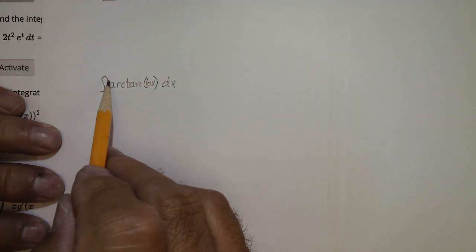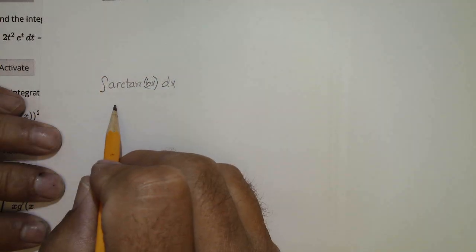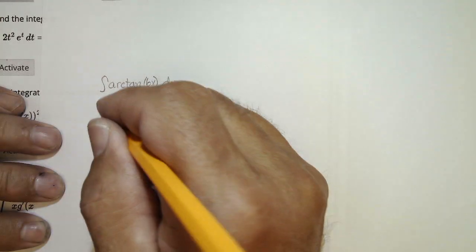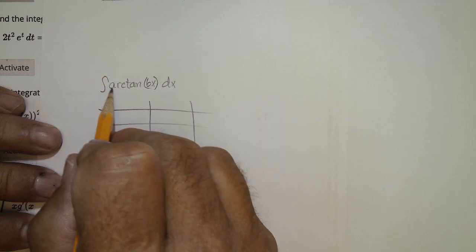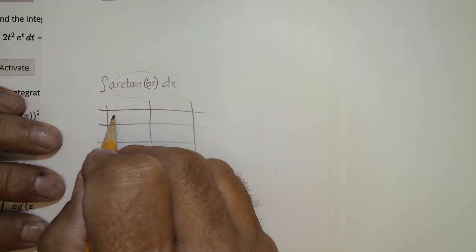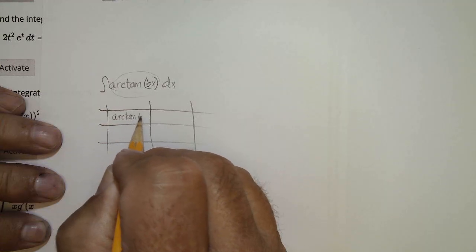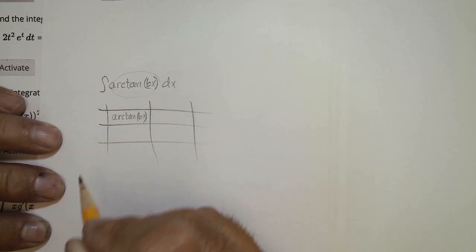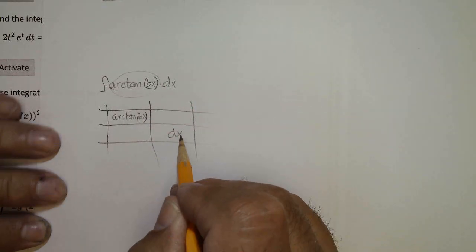It's in the activities or exercises above this, the homework on this. So I'm going to do my table for this. And I'm going to put the arctangent here. And put just the dx down there.